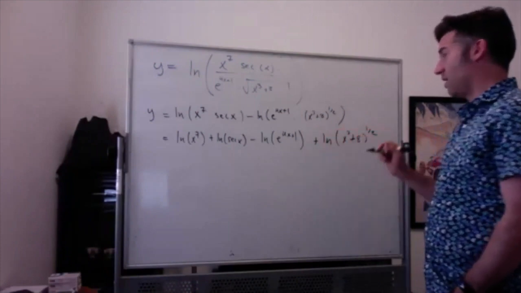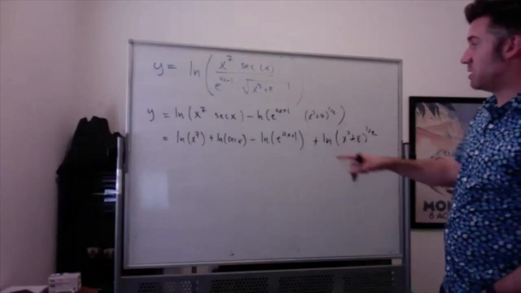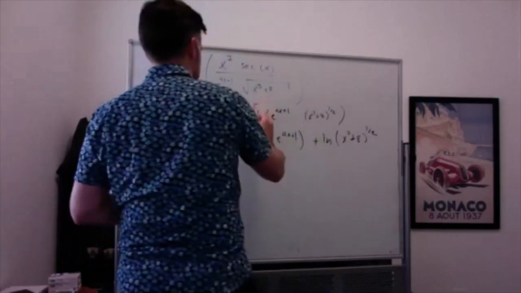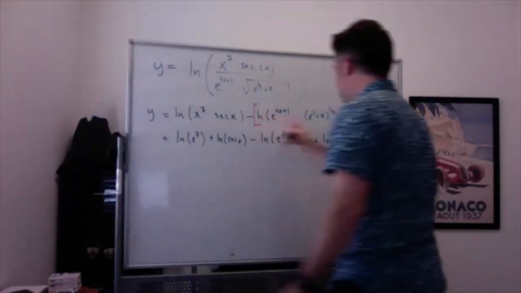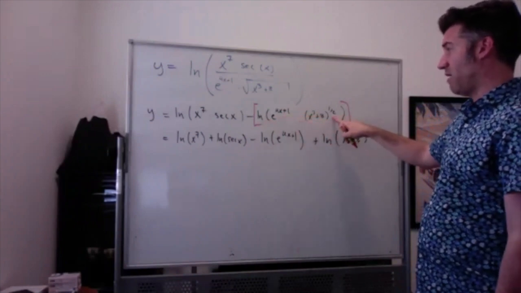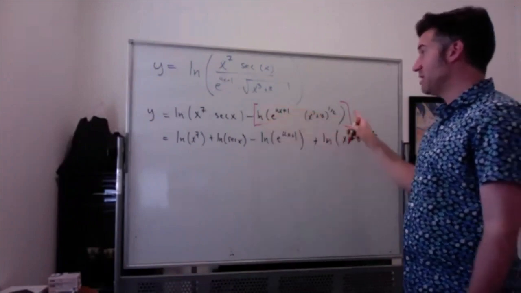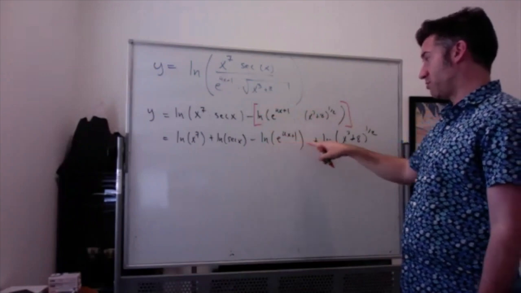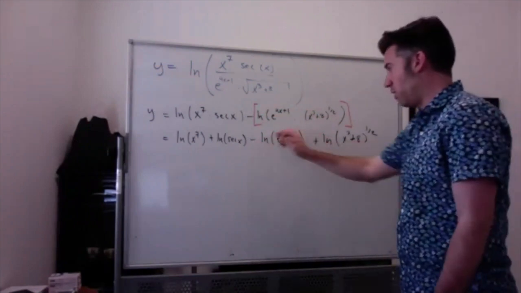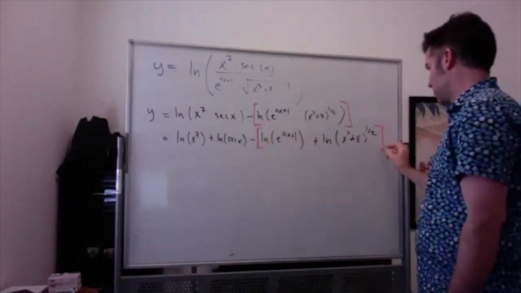I'm going to make a mistake. What's my mistake? It's really minus all of this: the natural log of e to the 4x plus 1 times x cubed plus 8 to the 1/2 is equal to the natural log of e to the 4x plus 1 plus the natural log of x cubed plus 8 to the 1/2. But it should be minus all of that.